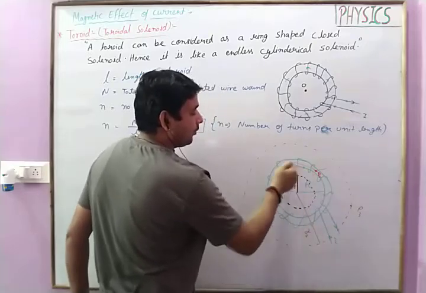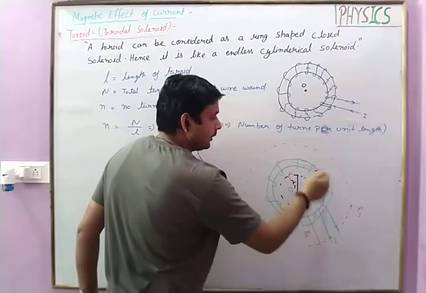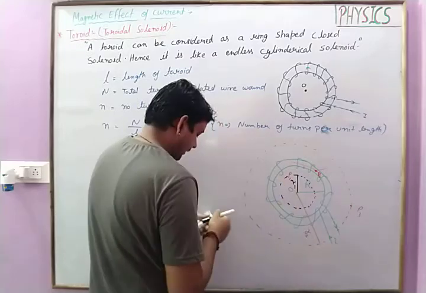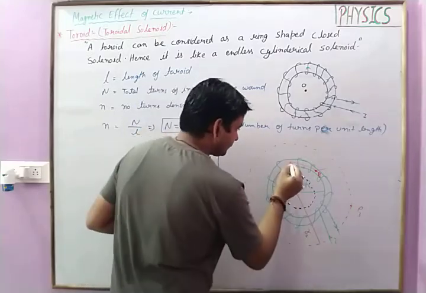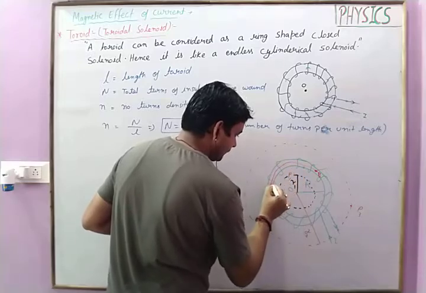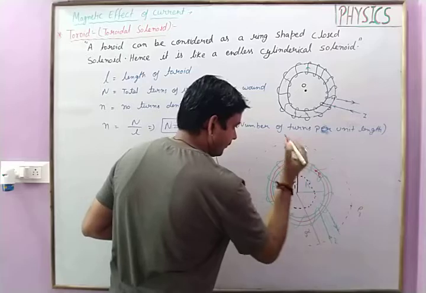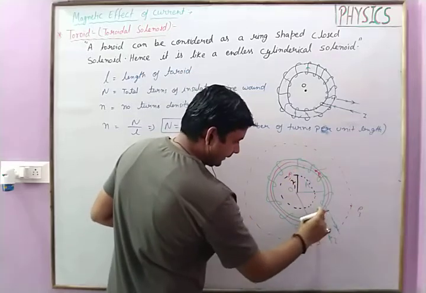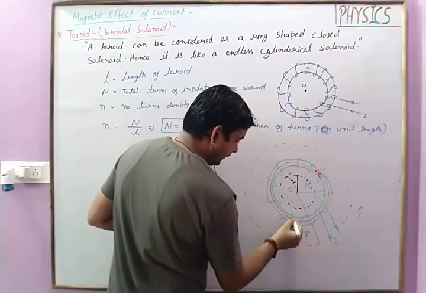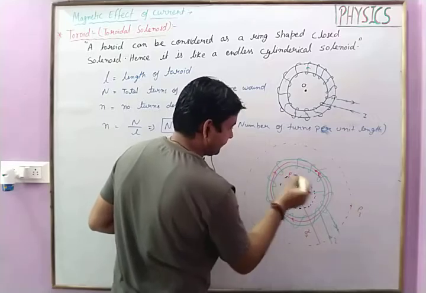Now we can calculate the total magnetic field for the toroid due to the current moving on the axis of the endless cylindrical toroid, and the current is threading from here like this.